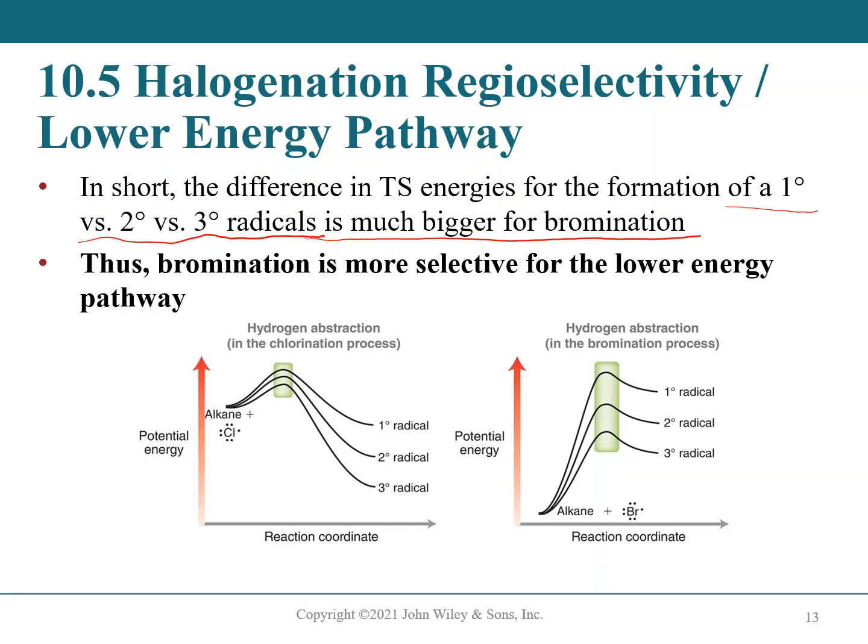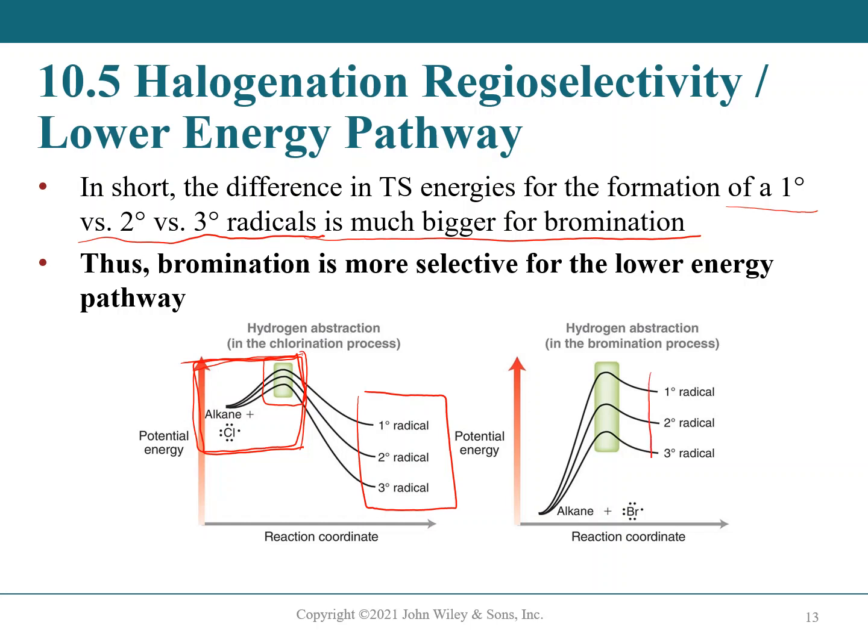You can see here the overall energy of the radical as the product of the reaction has a small effect. There is a selectivity, but that selectivity is much smaller because the radical here looks more like the reactants, so there's very little radical being produced at the transition state.